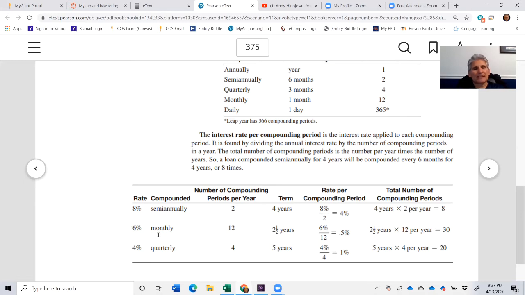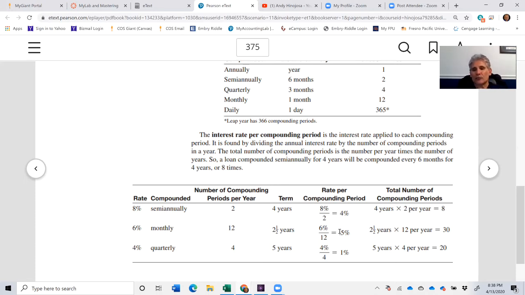As an example, 6% monthly, that means there are 12 periods per year. Therefore, if the term is 2.5 years, then we've got to convert both the rate and the term based upon the number of periods we have. How does that work? I told you. The rate is going to be divided. So 6%, that's the annual rate, divided by 12, because that's the number of compounding periods. 6% divided by 12 equals 0.5%.